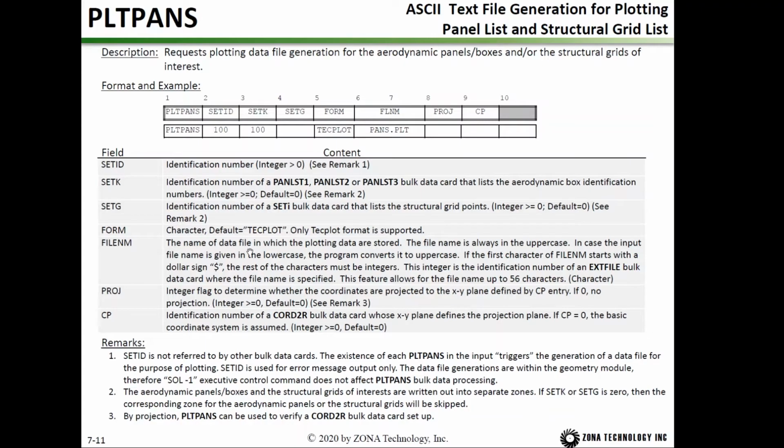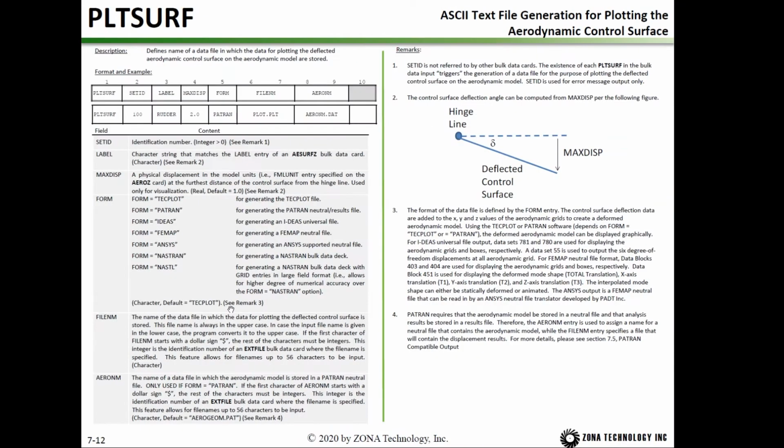Then you give a file name, and PROJ: if it's greater than 0, then you specify a CORD2R card, and those panels and the structural grid points will be projected on the XY plane of this CORD2R card.